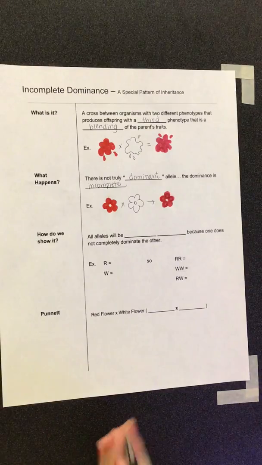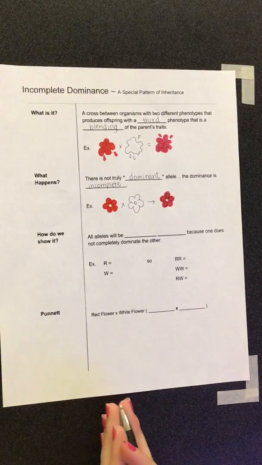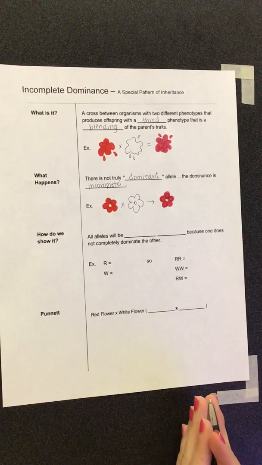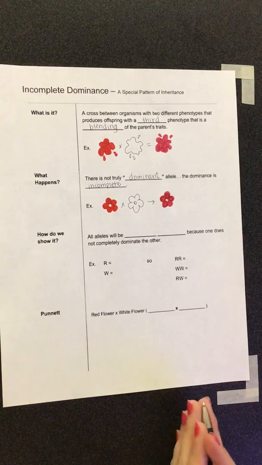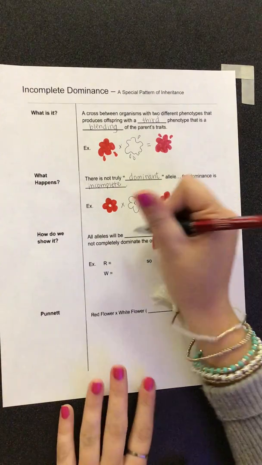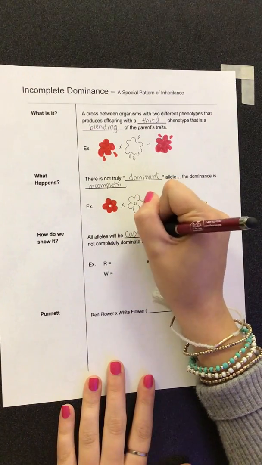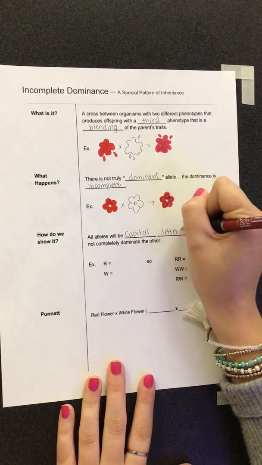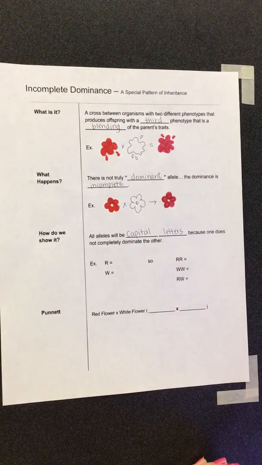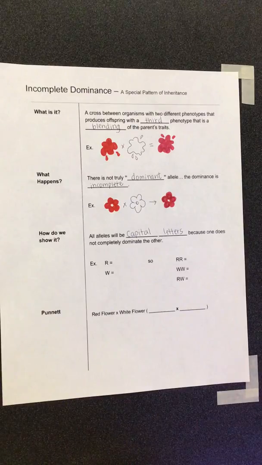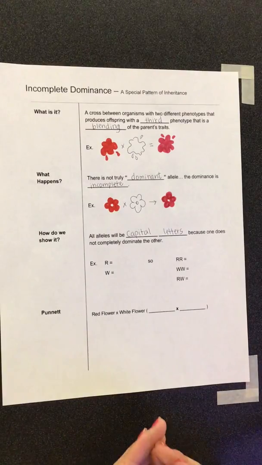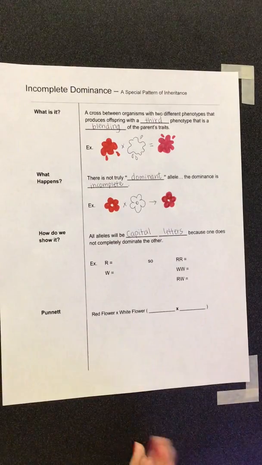Because incomplete dominance and codominance are both creating a third phenotype, we show both of them using alleles that are capital letters. Neither completely dominates the other, so we have to show them both as capital letters.